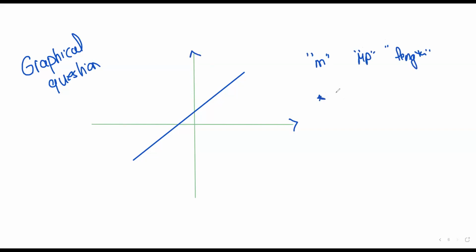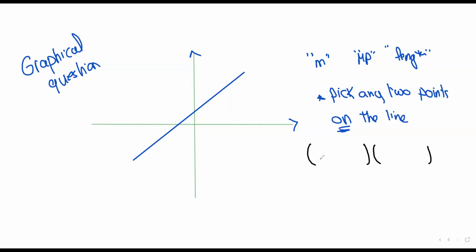In this case, all you need to do is pick any 2 points on the line. For example, pick any 2 order pairs on the line, like this one and this one. Do they have to be these? No, anything. Okay? What is important is that when you pick your points you just make sure that they have nice numbers.